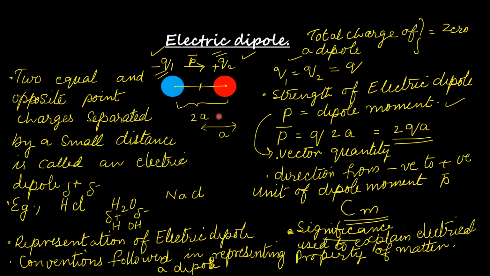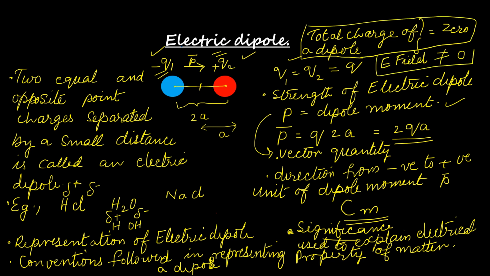That is, the three-dimensional space around the dipole experiences a force due to its presence, and we call it the electric field. So, though the total charge is 0, there is an electric field. Remember this point, because examiners take a fancy to such contradictory points.